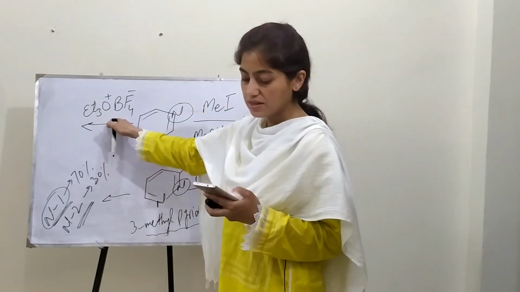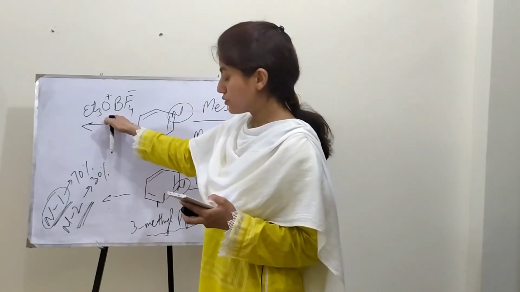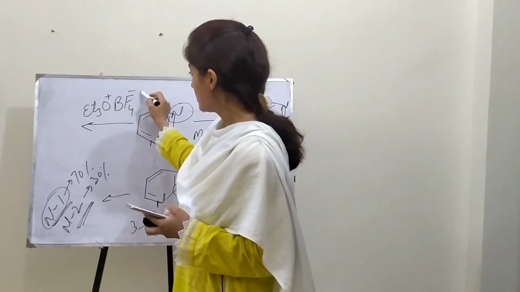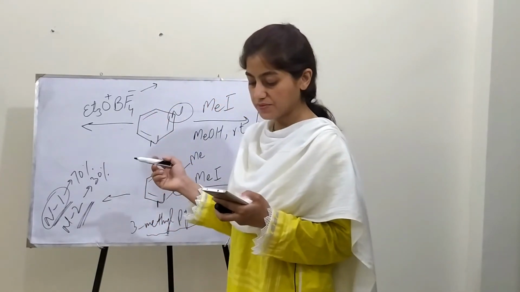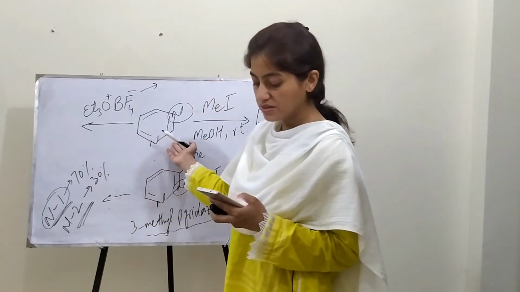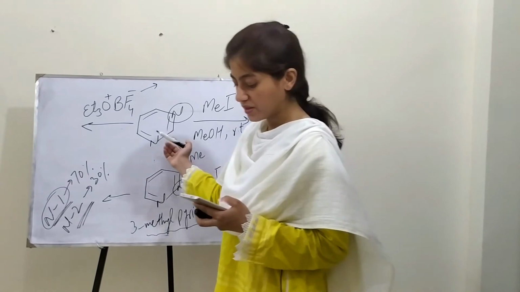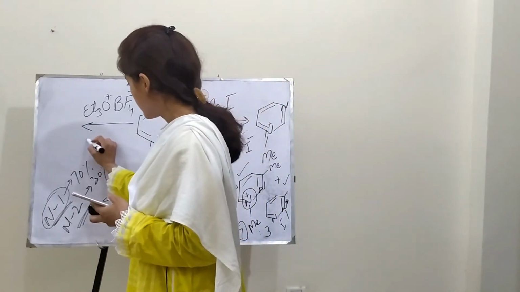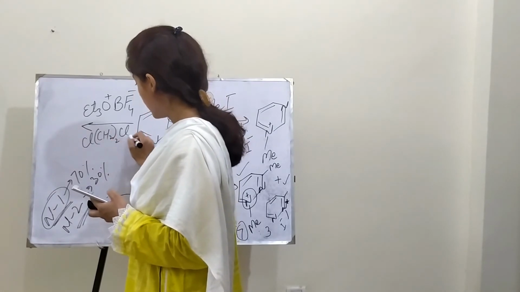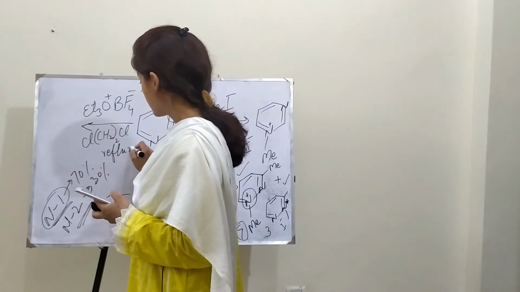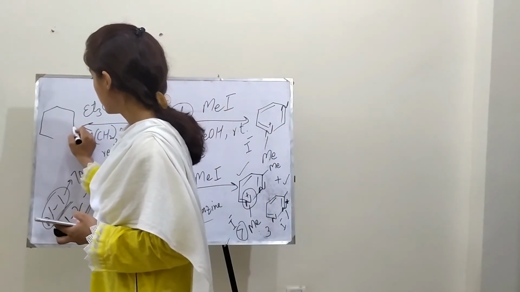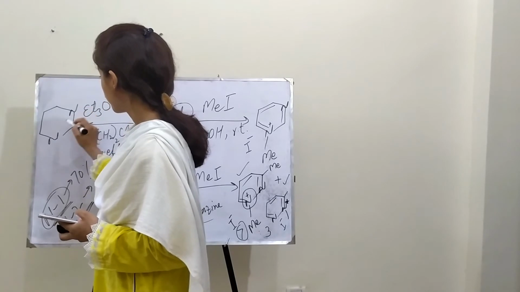This is called as trialkyl oxonium tetrafluoroborates. These are the most reactive species, and these convert this pyrimidine into diquaternary salts under the presence of this Cl, CH2 twice, Cl under reflux condition, and it would be converted into this product.